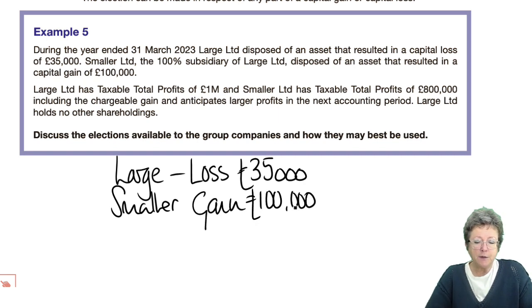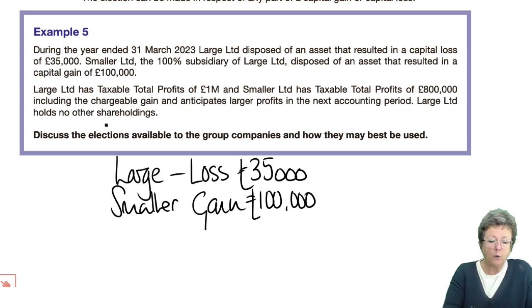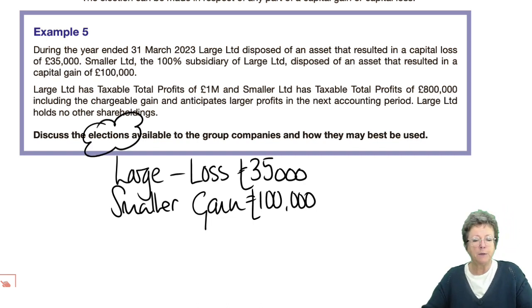Large has TTP of 1 million and Small has TTP of 800,000, including the gain, and anticipates larger profits next time. What elections are available and how can they best be used?